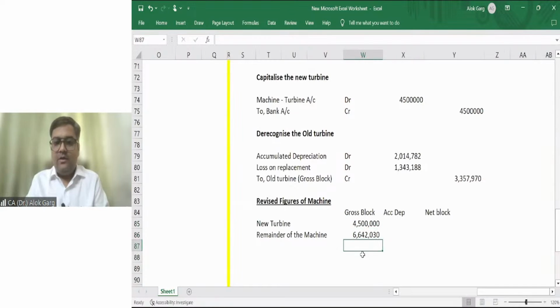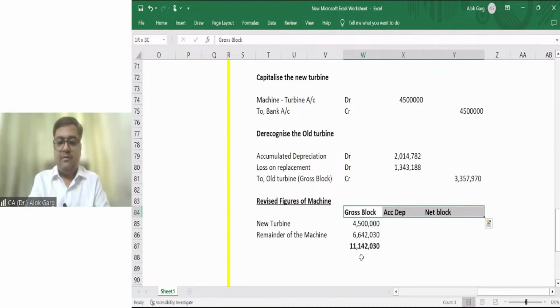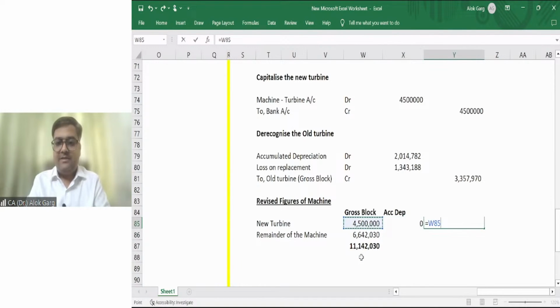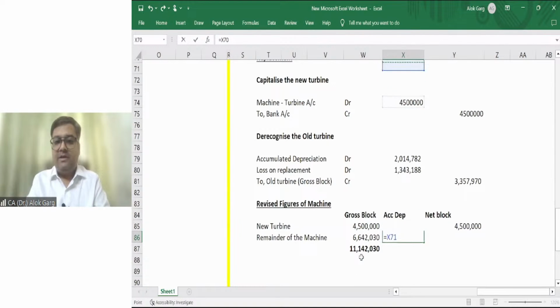It will be this, right? The gross block of the remainder of the machine I have taken in full, and the value of the new turbine I have taken. You can see the value becomes 1,11,42,030. Your accumulated depreciation is nothing for the new turbine because it is yet to be depreciated. And how much is the depreciation of the remainder of the machine for 6 years?